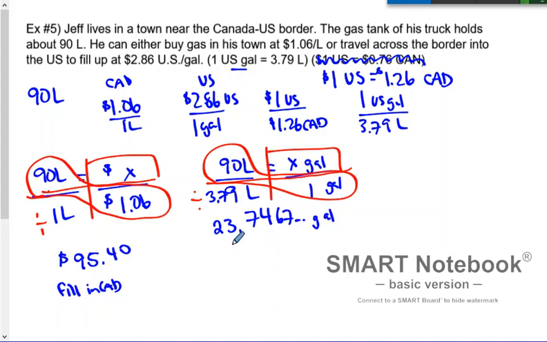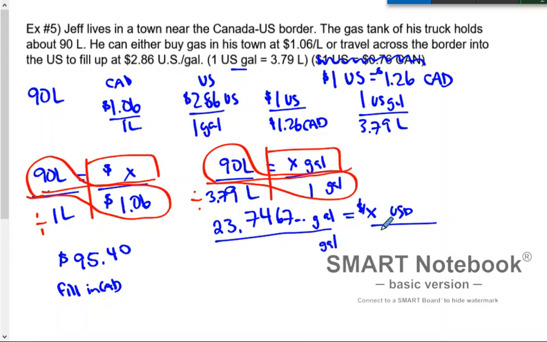Now I'm going to leave that number in my calculator so I don't have to type it up again. So 23.7467, whatever gallons. And now I want to change that from gallons. I have it in now. I want to see how much money that's going to be, right? So let's figure out how many US dollars I'm going to be paying for filling this up. So I want to know how many US dollars, right?